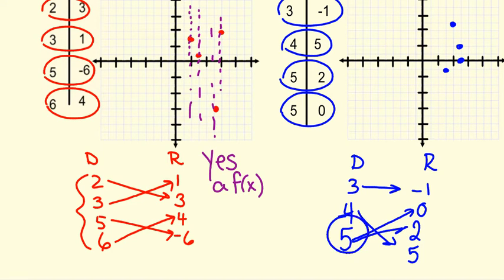So this right here has a repeated x, a repeated domain value. And if we notice it on our graph, there is a failure right here where it hits more than one time at 5. So this would be considered not a function.